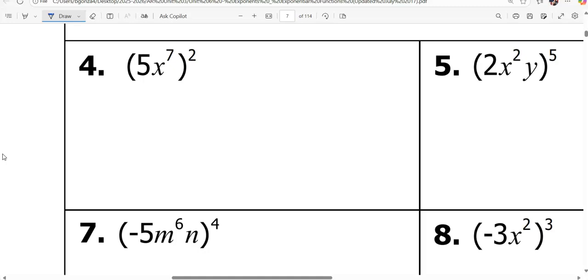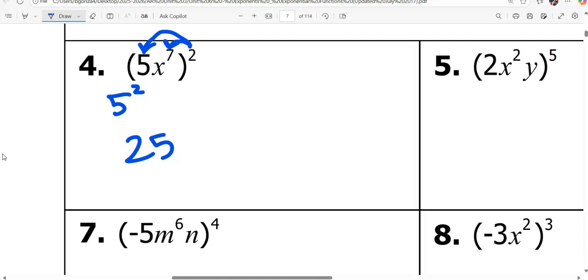You're not going to do 5 times 2, and you're not going to add either. You're going to take this 2 and apply it to the 5. 5 squared. 5 squared is not 5 times 2. It's not 10. 5 squared means 5 times 5, equals 25.